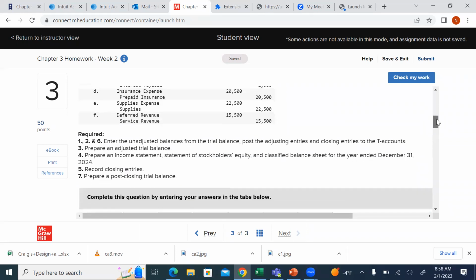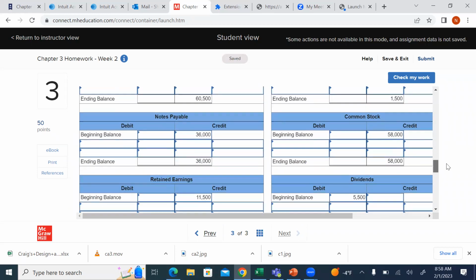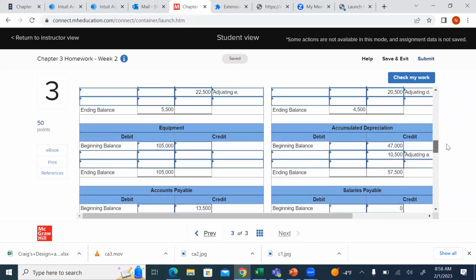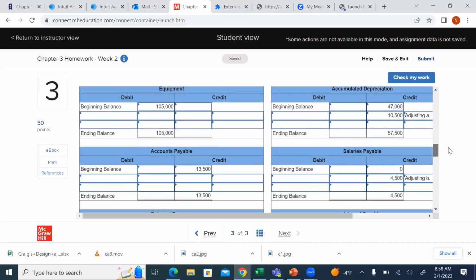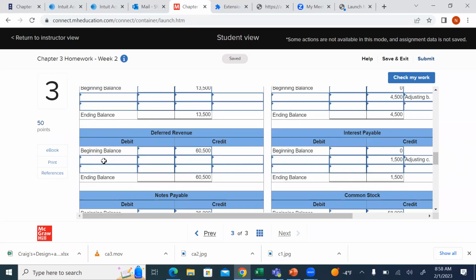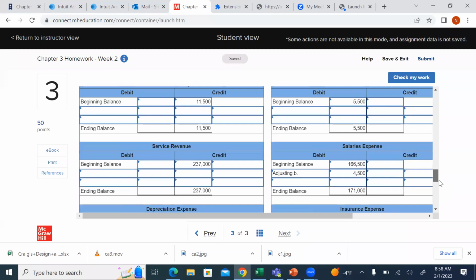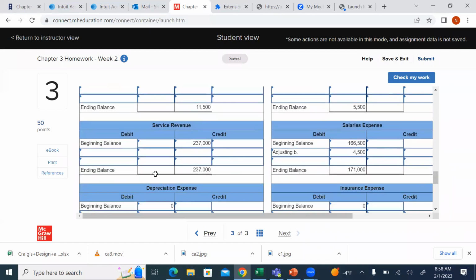The last one, deferred revenue, 15,500 debit. Credit service revenue, 15,500. So we'll debit our liability, 15,500, and we'll credit service revenue, 15,500.